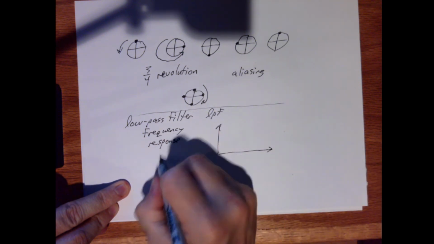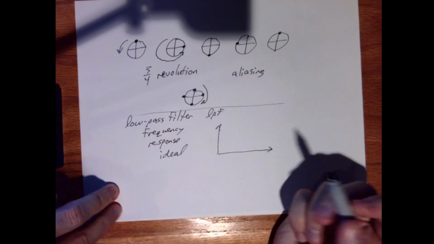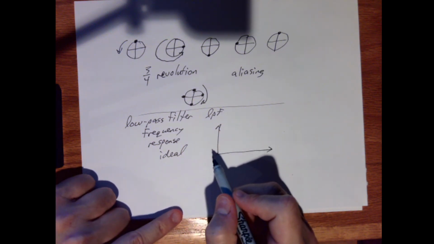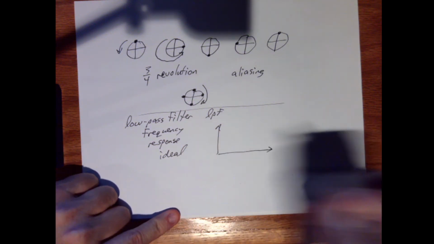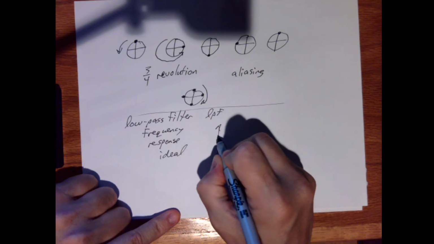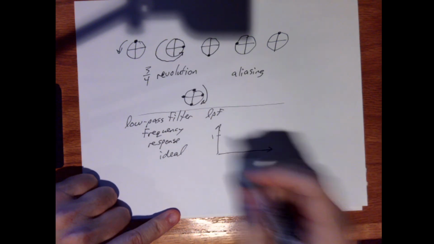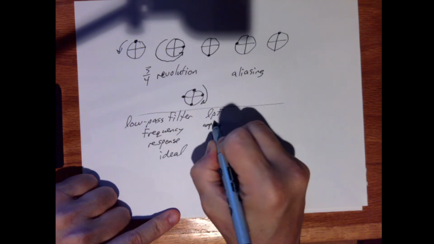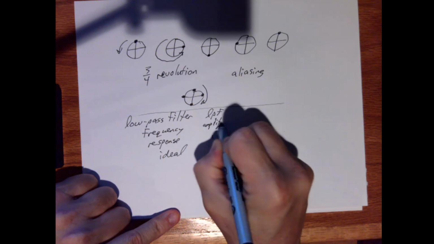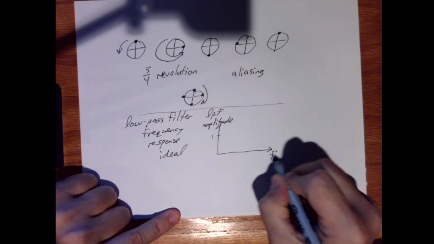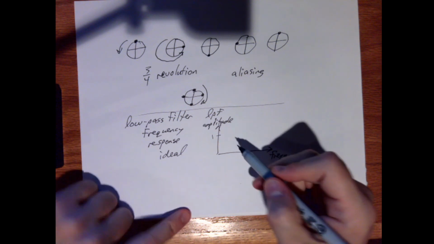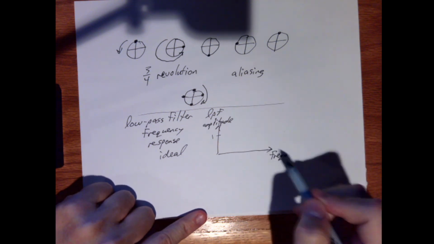In the ideal case, you won't really be able to achieve something that looks like what I'm about to draw, but it's theoretical. So typically we would have, say, 1 right here, but it doesn't necessarily have to be. But this right here is the amplitude. And over here is the frequency. And so this function that I'm plotting here is a function of frequency.